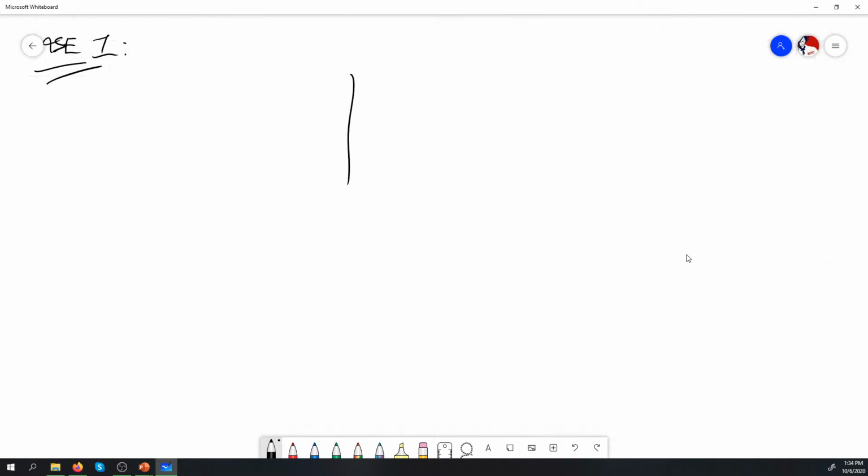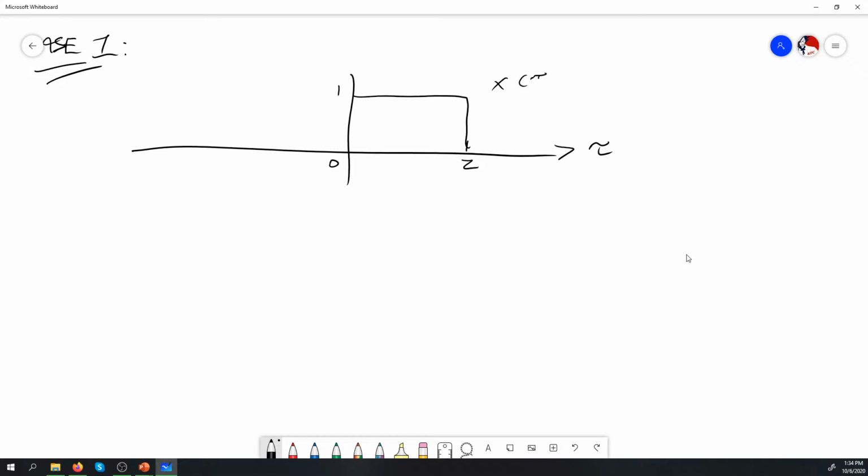So we draw our axes here, and we put our x of tau signal here. We're going to use a different color ink for the h of t minus tau.